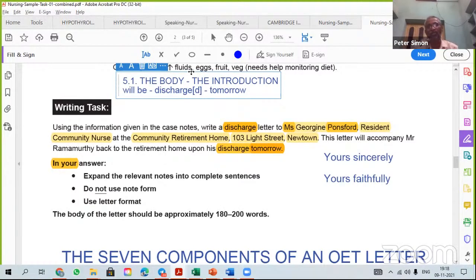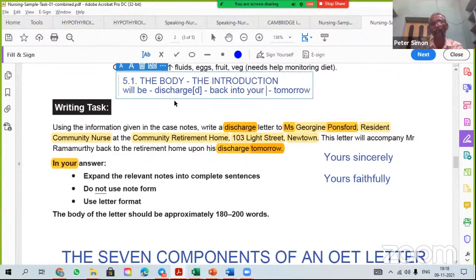Then one more thing is, he is discharged back, he is discharged back to your care or into your facility. Back into your facility, or discharge back to your care.